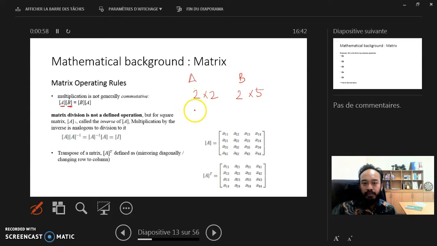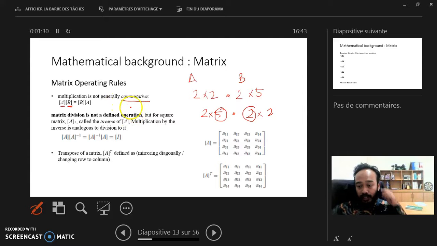But what if we do B multiplied by A? That means we multiply a 2 by 5 by a 2 by 2. The number of columns of the first matrix, which is now B, is not equal to the number of rows of the second matrix, which is now A. So it is not generally commutative. It could be commutative in certain cases, but in general it's not.